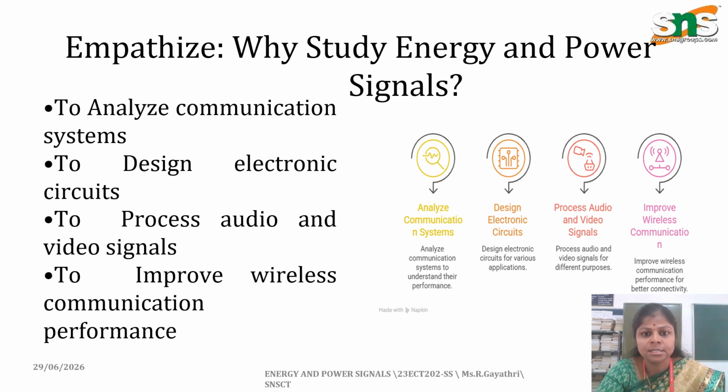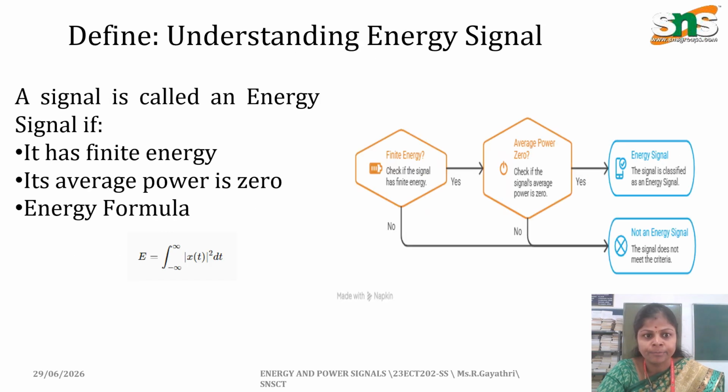In signals and systems, energy and power are mainly used to analyze communication systems, to design electronic circuits, to process audio amplifier circuits and video signals, and to improve wireless communication factors.